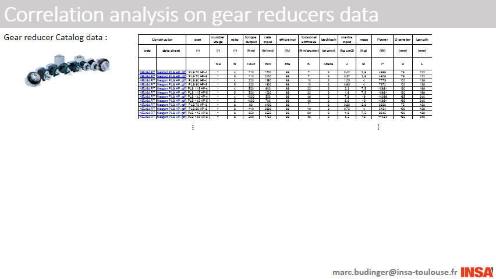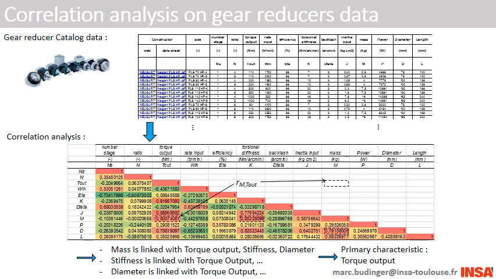Using catalog data, we can apply a correlation analysis and display it as an array, which represents the correlation between each parameter. This array is symmetrical. We can notice that the reduction ratio and number of stages have small influence on mass. The most important parameter is the output torque. Therefore, we will use the output torque as an input variable for our linear regression.